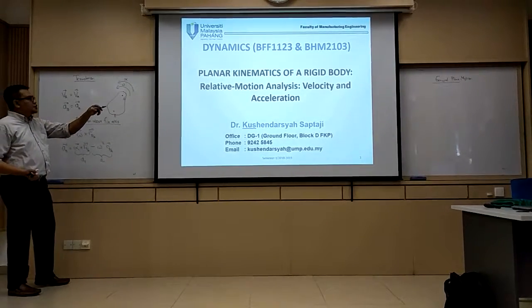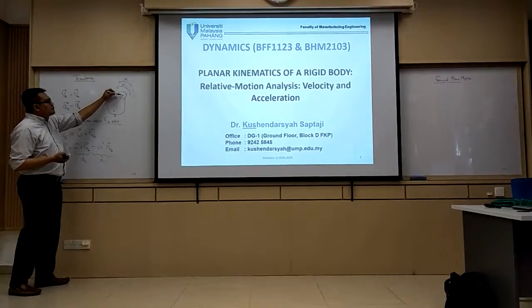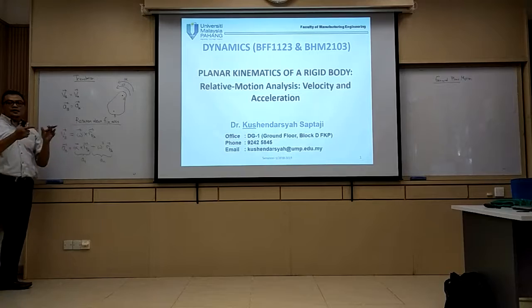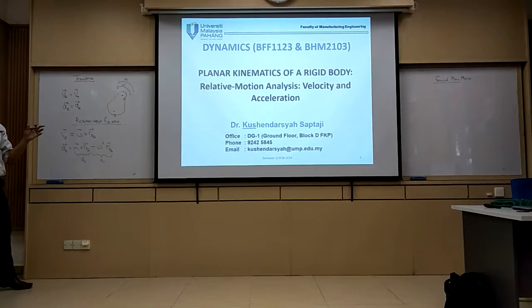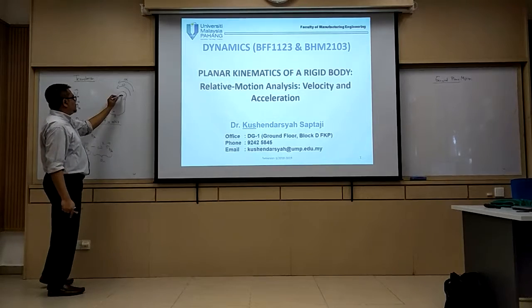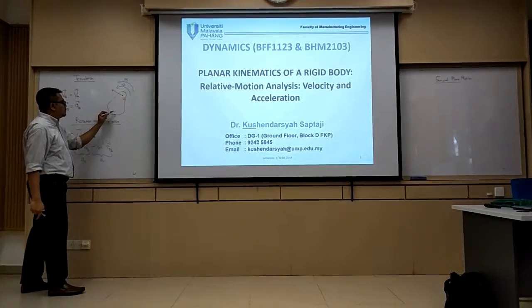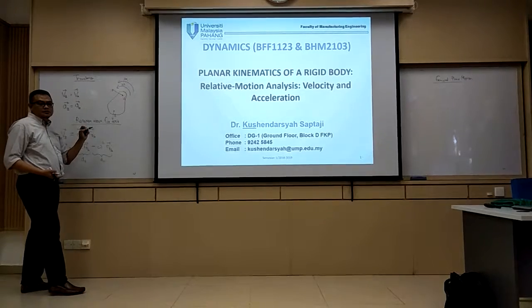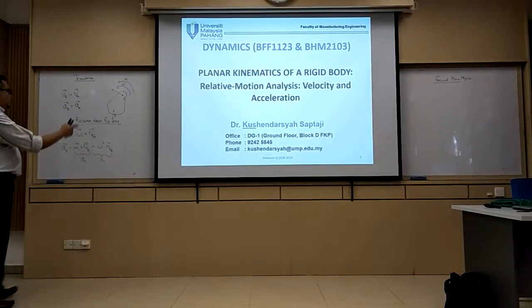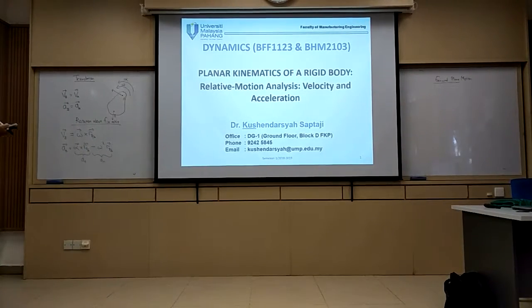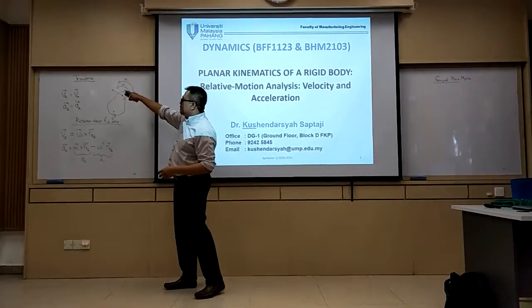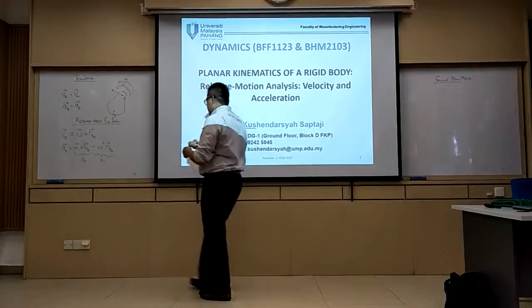So in the general plane motion, basically A and B will have different direction, different acceleration, different velocity. So A may be moving in this direction, B may be moving in this direction. Okay? So that's why the equation will be a combination of translation and rotation about fixed axis.